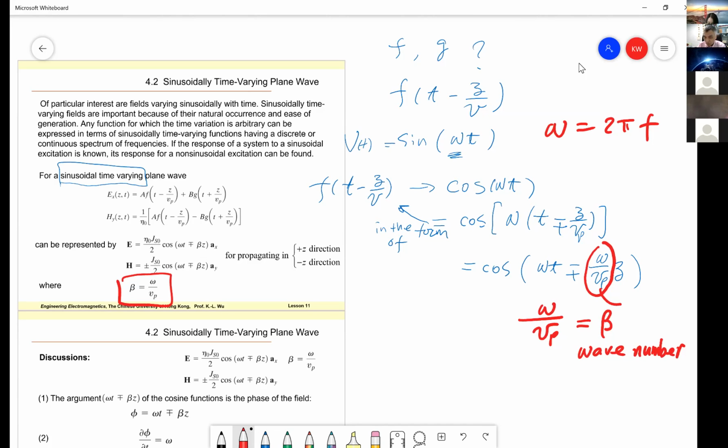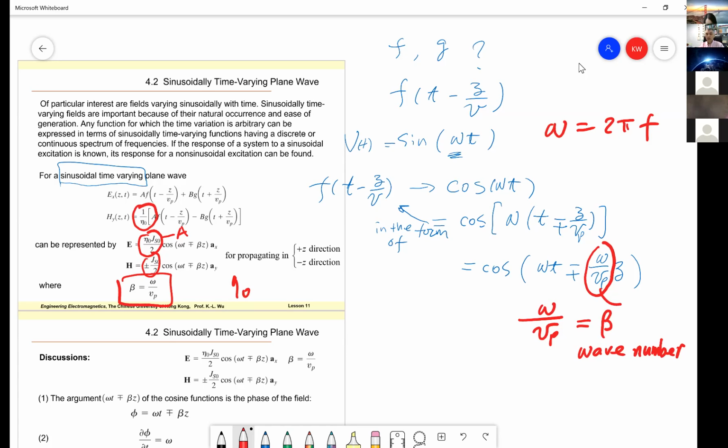Then what I define here is the constant A, which can be anything. If constant A is this, then we can determine the magnetic field, because the magnetic field is constant A for the electric field divided by the intrinsic wave impedance, eta 0, which follows this.